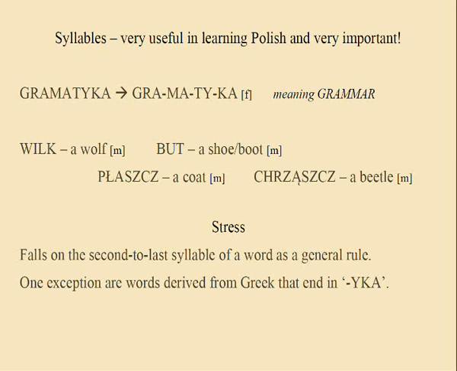You may have noticed the way I pronounce the word gramatyka. I stress the syllable ma, which is third from last, and not the second from last. This word is an exception to the rule, like others that end in ika and derive from Greek. There are other exceptions, rest assured, but not too many.